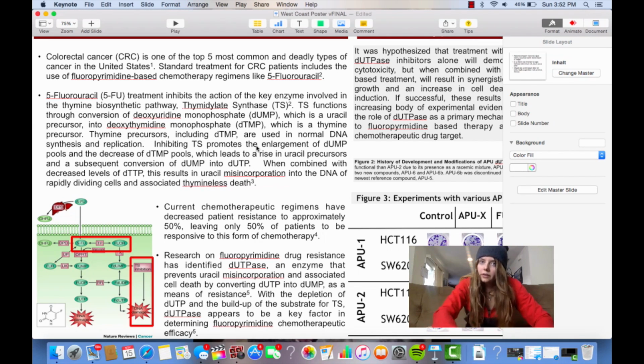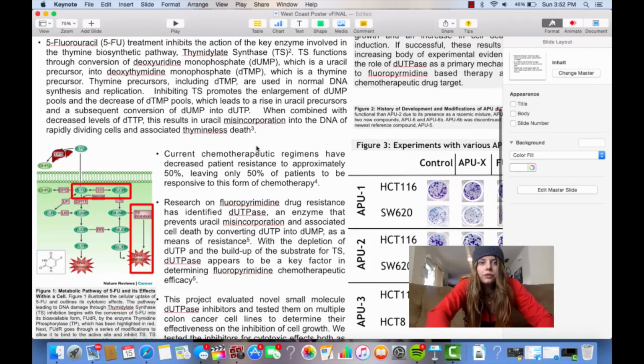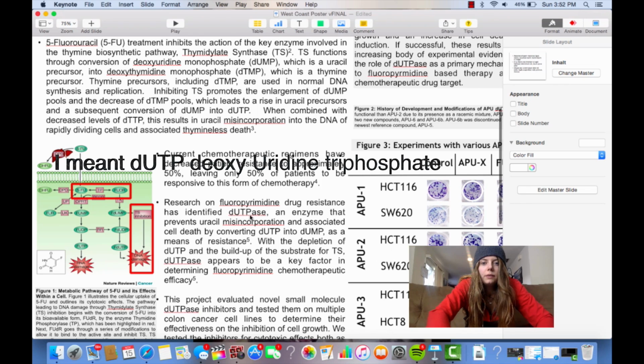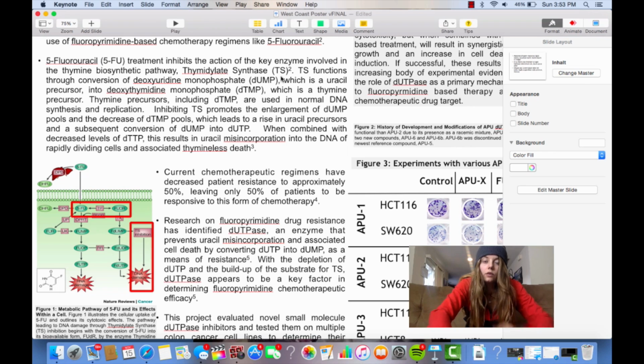Why are some people resistant to this? Well, there's another enzyme found in your cells called dUTPase. dUTPase breaks down uracil back into this dUMP. So once the drugs that inhibit thymidylate synthase wear off, if you have a lot of dUTPase inside the cell, it's going to counteract the inhibition of this enzyme.